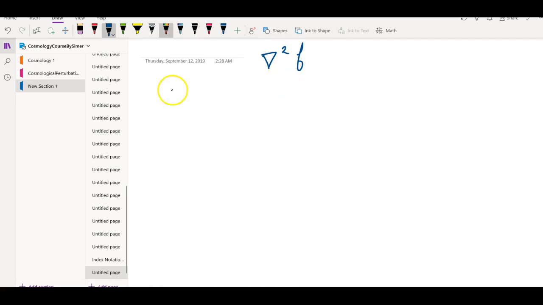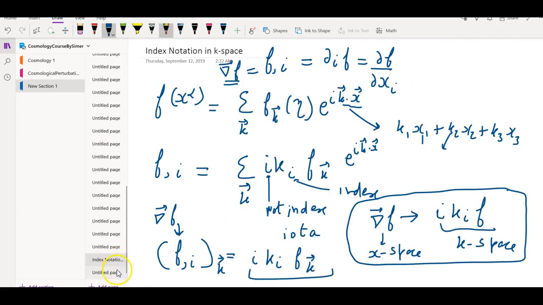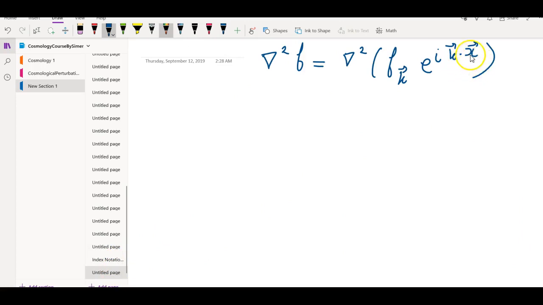Del square f means you are going to take del square of f_k e to the power iota k dot x, where x means x1 x2 x3.